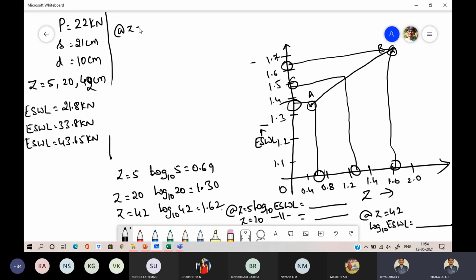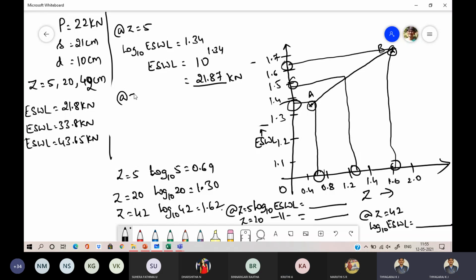So at Z is equal to 5, log 10 of ESWL, how much are you going to get? ESWL is equal to 1.34 we are getting, sir, for Z is equal to 5. 10 power 1.34, calculate it. That will be in terms of kilo. 21.87, sir. So that will be the ESWL at Z is equal to 5.